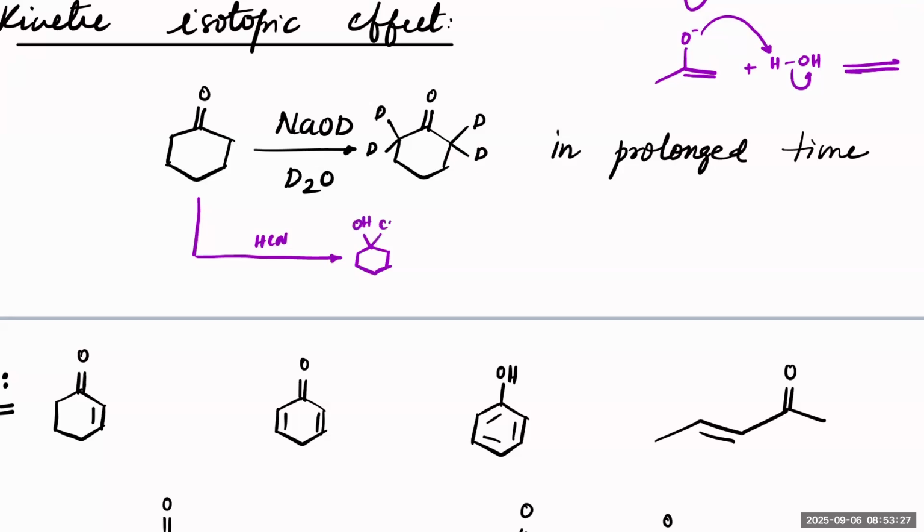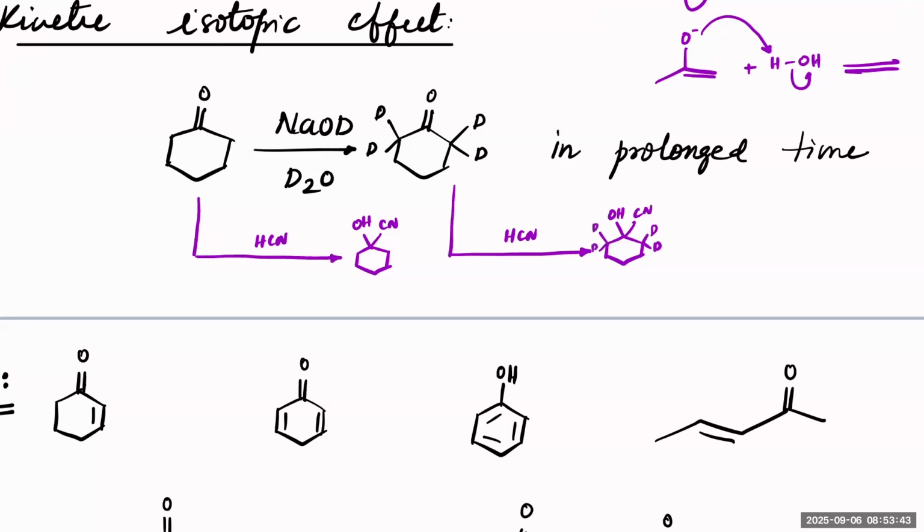This is the product you should get, correct? And here also you perform a reaction with HCN, so then we have OH and CN here with deuterium, deuterium, deuterium and deuterium.